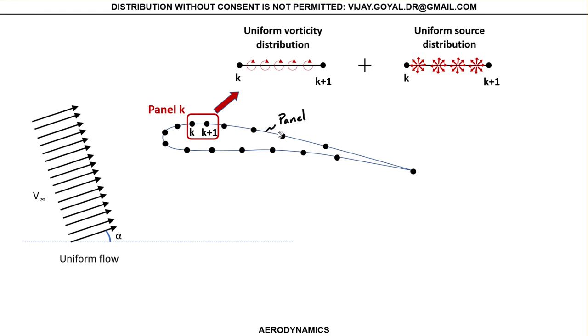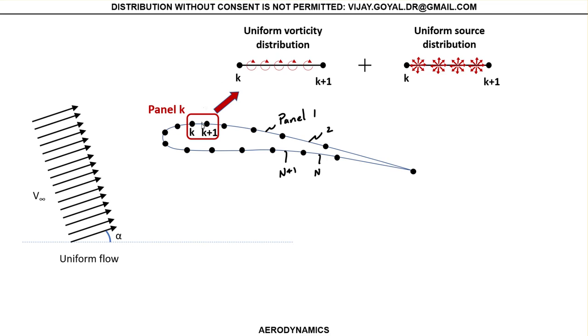So this can be panel number 1, this could be panel number 2, this could be panel number n, this could be panel number n plus 1, and so forth. Let's suppose I choose a panel K that has the nodes K and K plus 1.